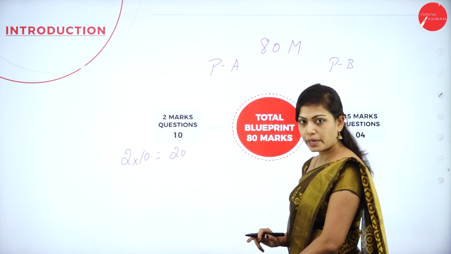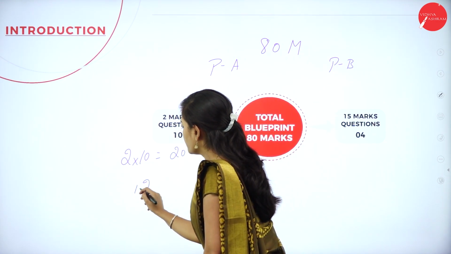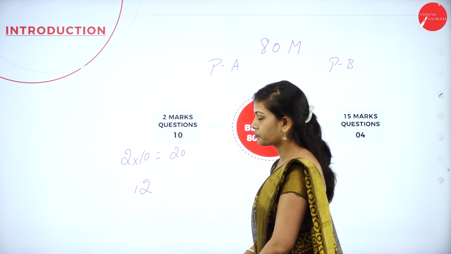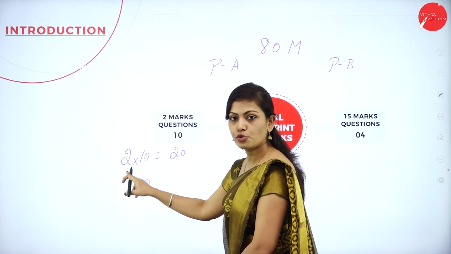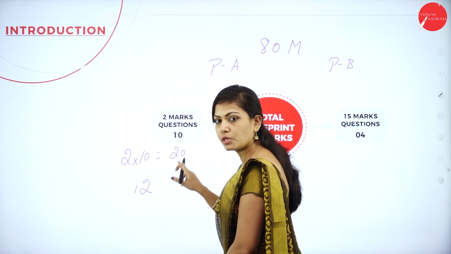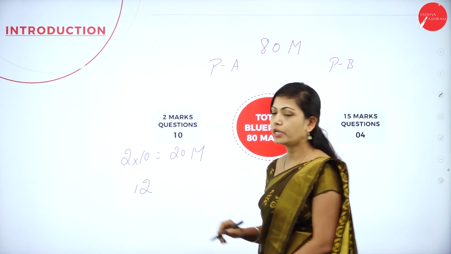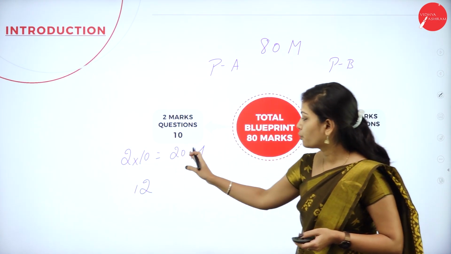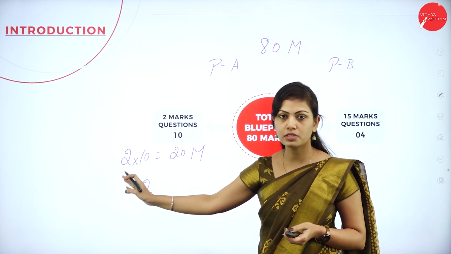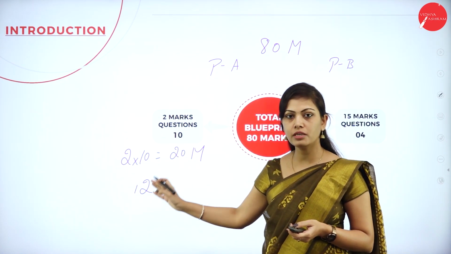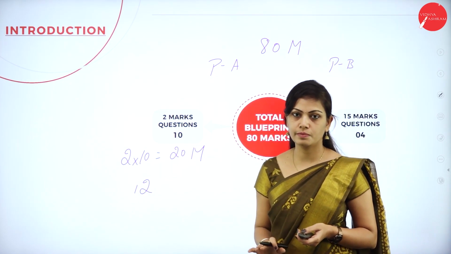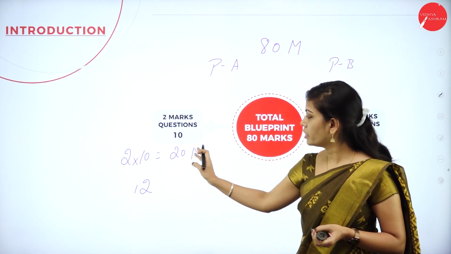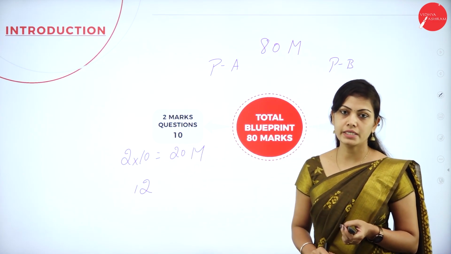You will get 12 questions in part A, and you have to attend 10 questions. Each question carries 2 marks, so 2 into 10 is equal to 20 marks. So 2 questions are choice. Easily you can score 20 marks in part A.